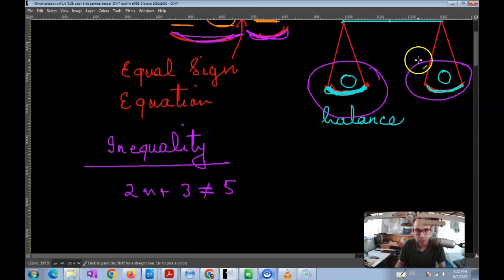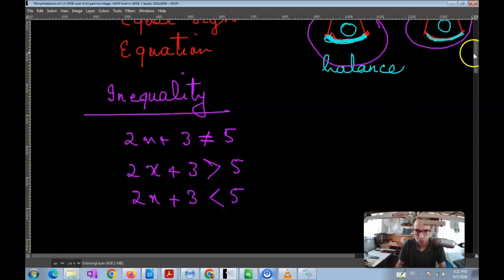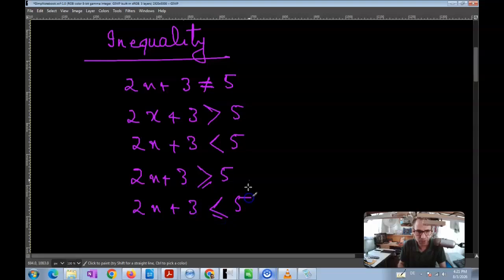That's called an inequality. Or you would say that 2x plus 3 is greater than 5. Or 2x plus 3 is less than 5. Or 2x plus 3 is greater than or equal to 5. Or 2x plus 3 is less than or equal to 5.